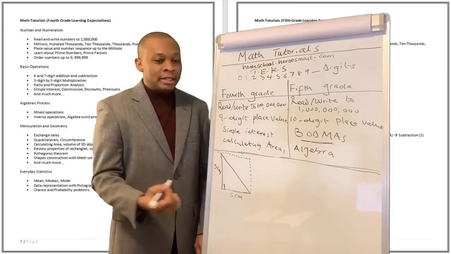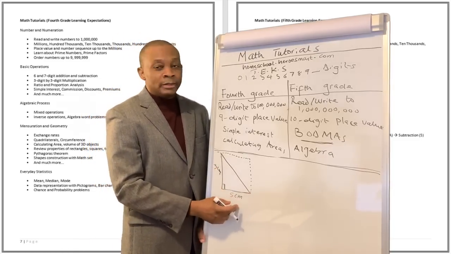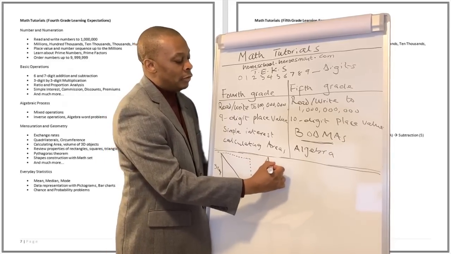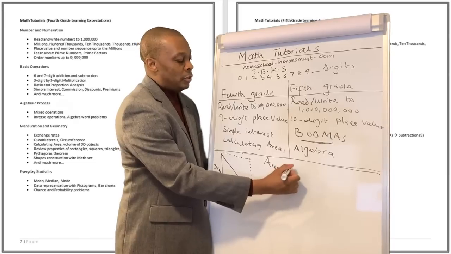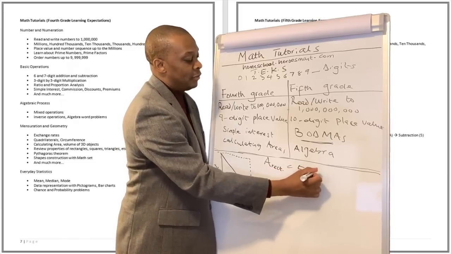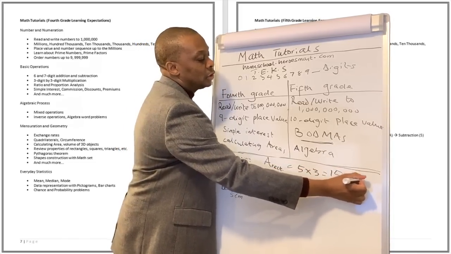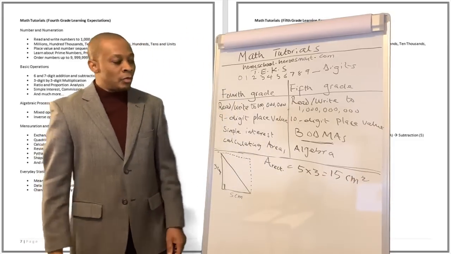So we know from the last example that the area of a rectangle is gonna be the length multiplied by the height, okay? So area of rectangle will be equivalent to 5 multiplied by 3, which is 15 centimeters squared. Well, guess what?